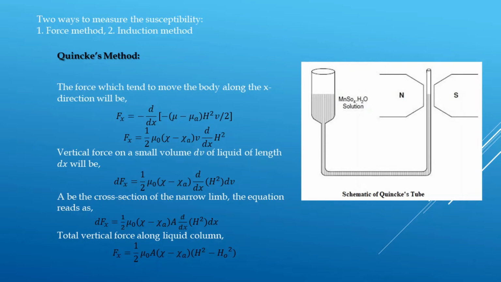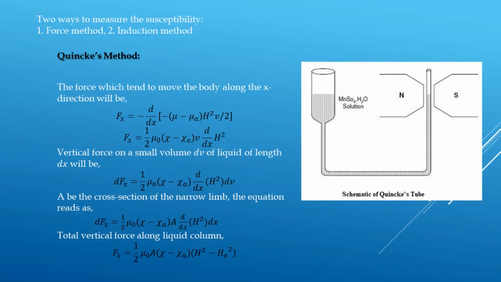Then what will be the force? So we are taking the force in the x direction. What is the x direction? Along the tube, right? So the materials can only move along the x direction, that is along the capillary arm. So it is taken as the x direction. So what will be the force in this x direction to move the material?